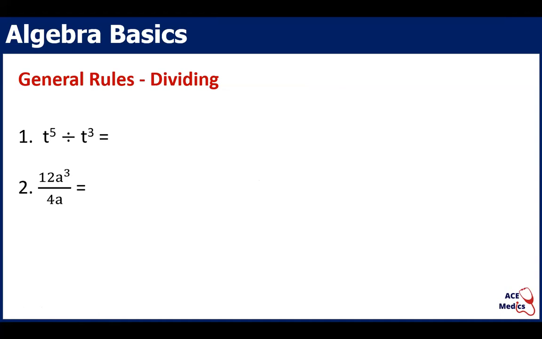Now dividing is basically the same as multiplying, but obviously works in a little bit of a different way. Instead of in multiplication where we are adding, so if we had t to the power of 5 times t to the power of 2, because it's multiplication, we add.